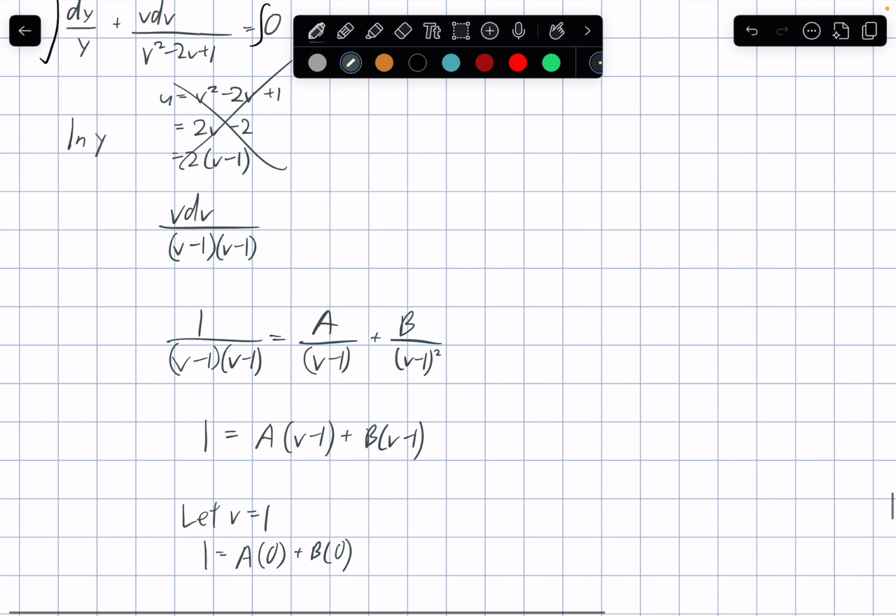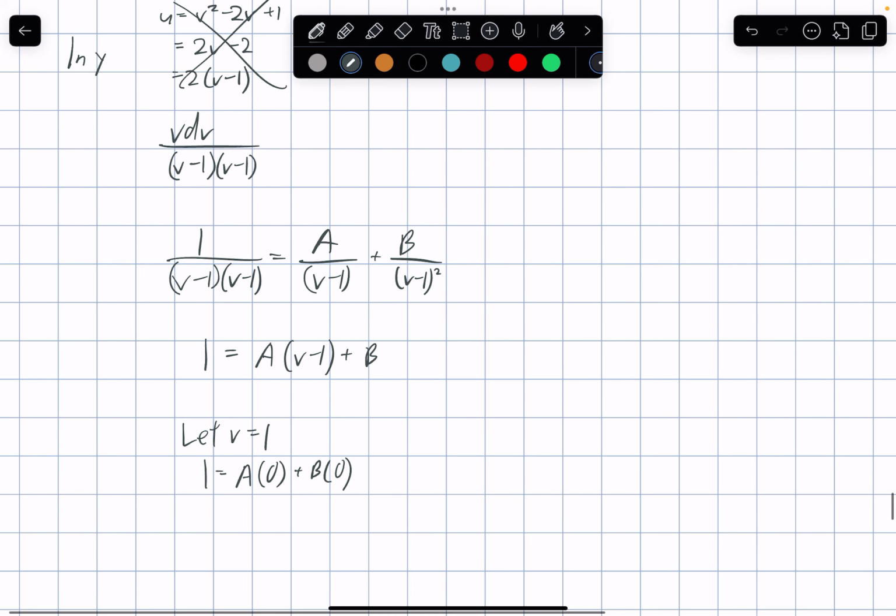Let's try squared here. Yeah, that's more like it.